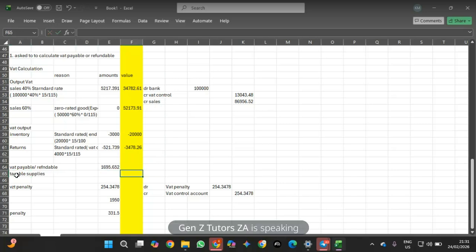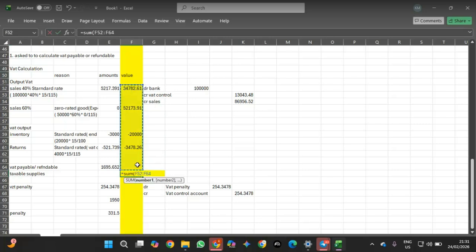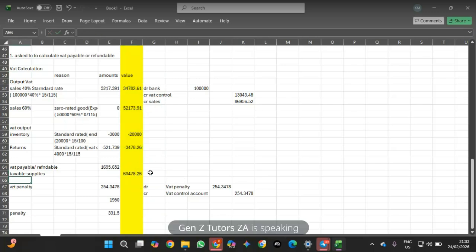Then now you'll find the amount for their taxable supplies, and then you just sum everything up there. And then you find 63,000. This person, yes, they can qualify to apply. Then in your question, you would tell them that yes, this person does qualify to apply to be a VAT vendor voluntarily. They can apply to be a VAT vendor voluntarily.